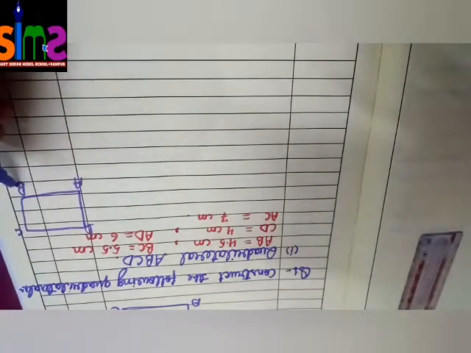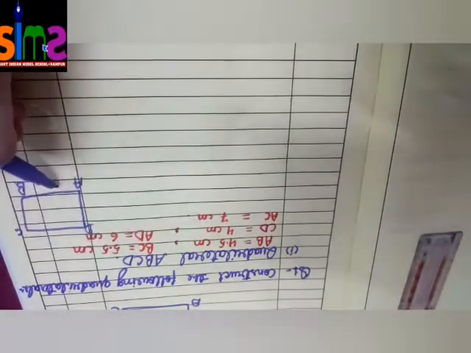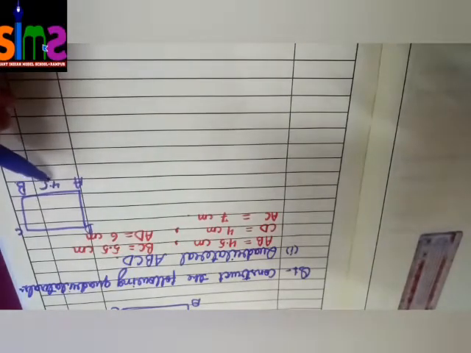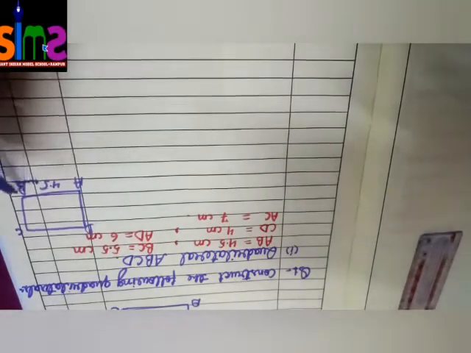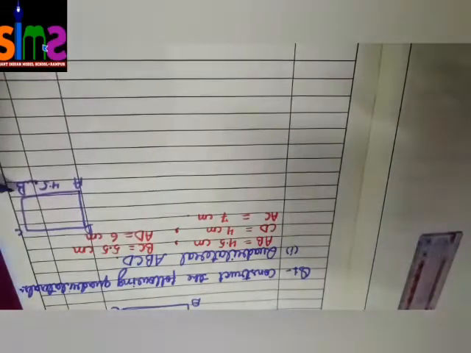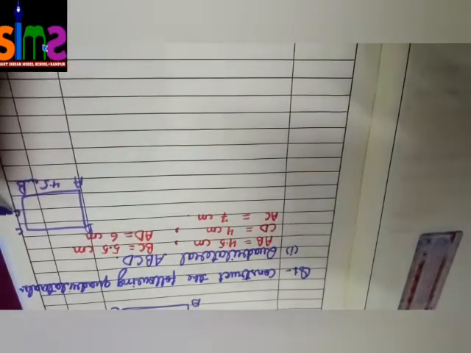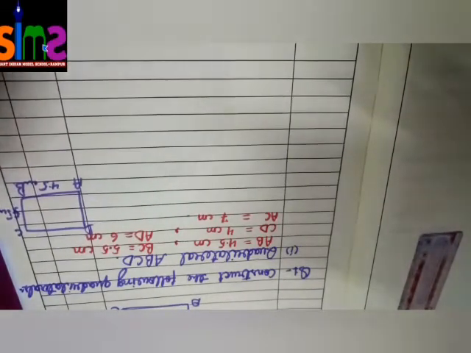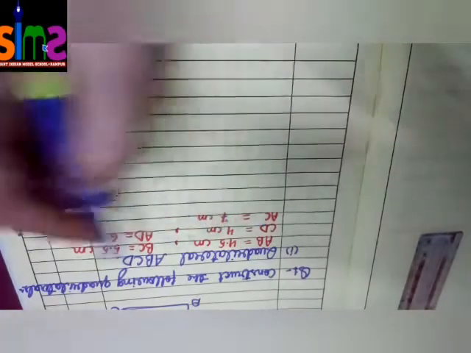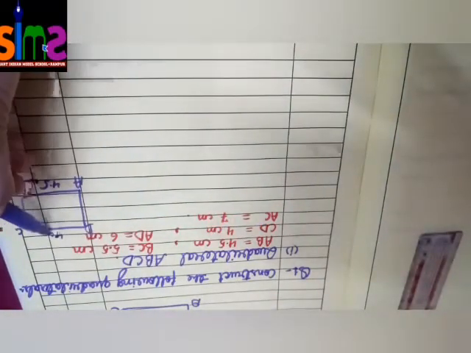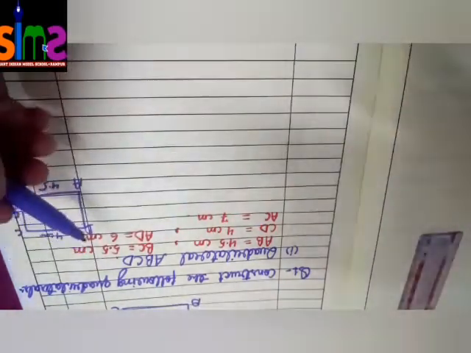So AB will be of 4.5 cm. We have to draw this line 4.5 cm. BC is 5.5, we need to draw it 5.5 cm. Then CD is 4 cm, we will draw it 4 cm in our fair diagram.